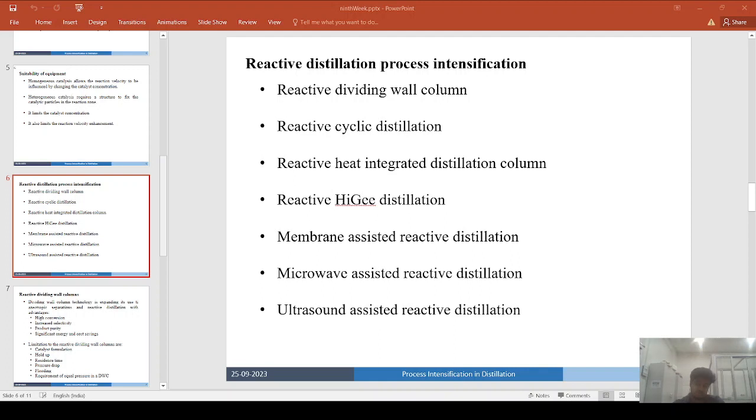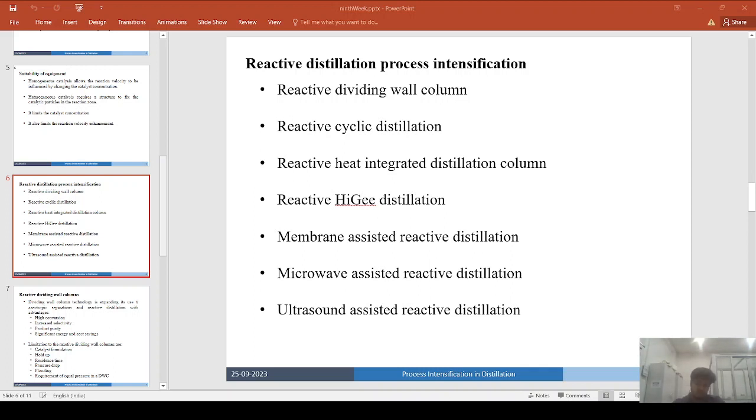Two of them are separation: you will perform separation via distillation, and you will also perform separation via the membrane system. But you are also combining the reactor system into the distillation tower and the membrane separation unit operation. So basically you would get membrane assisted reactive distillation.